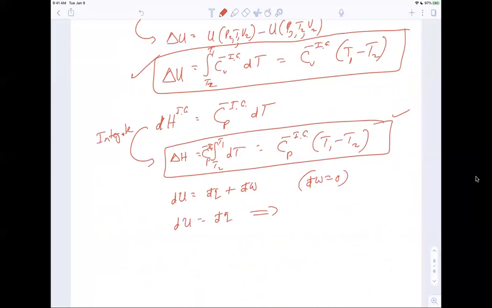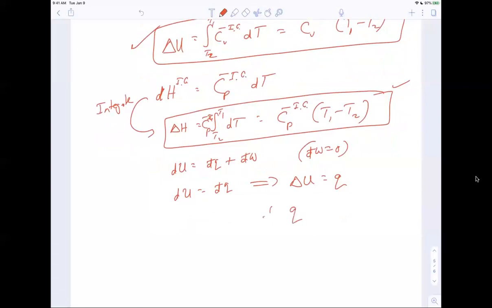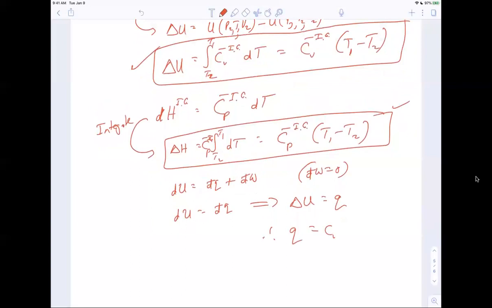And if we integrate, we know that delta U is going to equal Q. And so Q is equal to whatever delta U is, and that's just CV ideal gas, T1 minus T2. Okay, so we have everything. Any questions or comments?